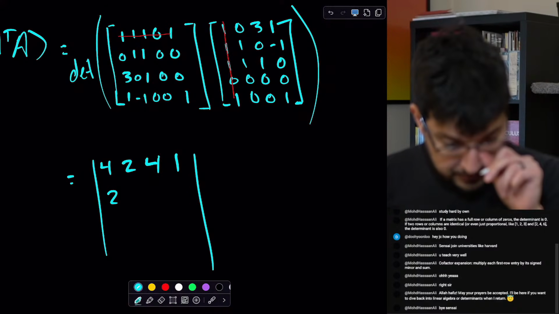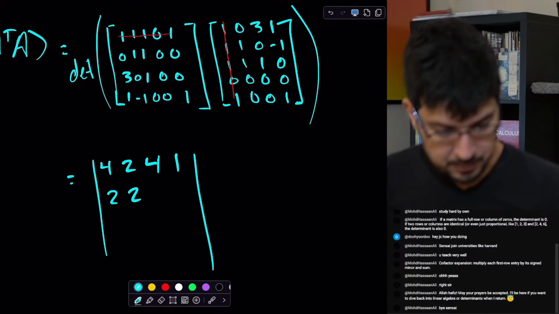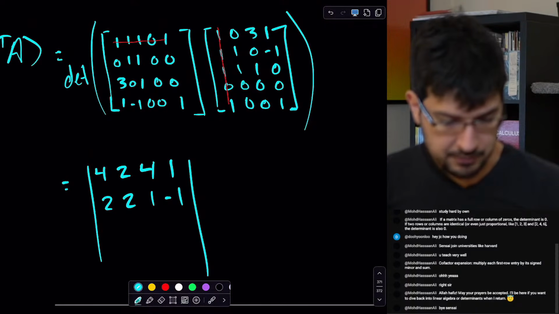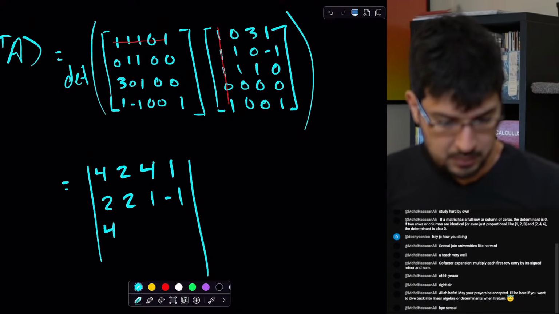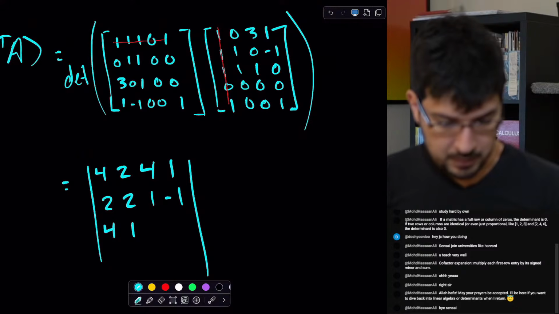We have 2 here. We have 1 in this entry. We have negative 1 in this entry. We have 4 in this entry. We have 1 in this entry. We have 10 in this entry.